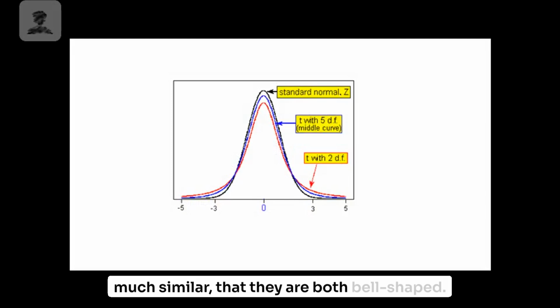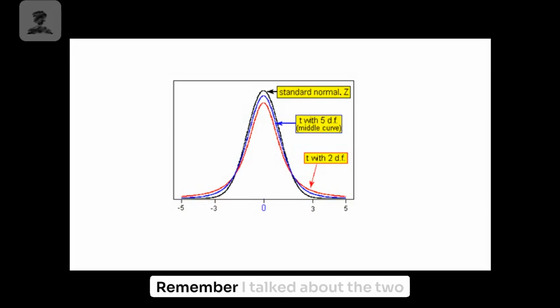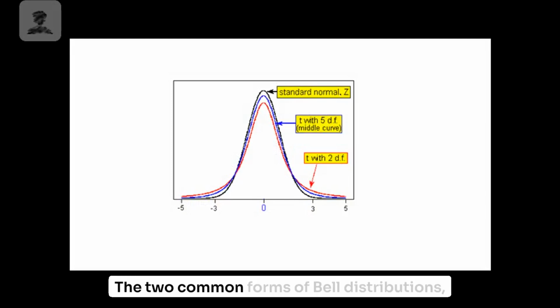They are both bell-shaped. Remember, I talked about the two common forms of bell distributions: normal random and T random. Normal random is specific to the Z score, and T random is specific to the T distribution.